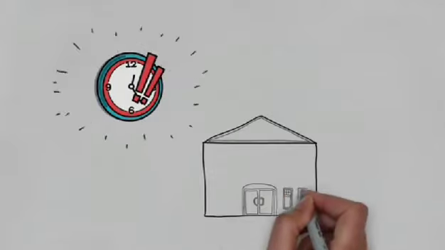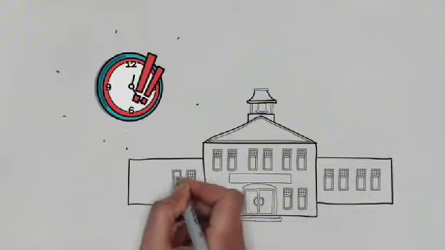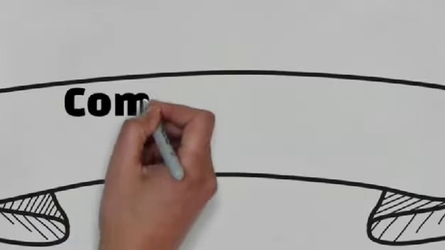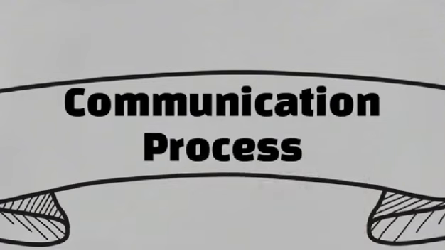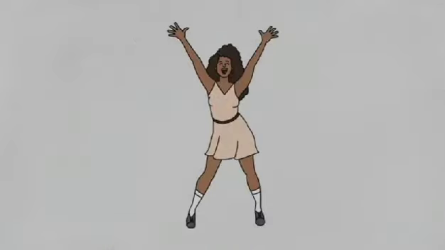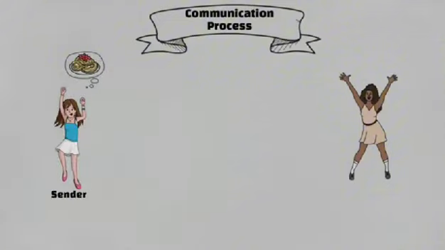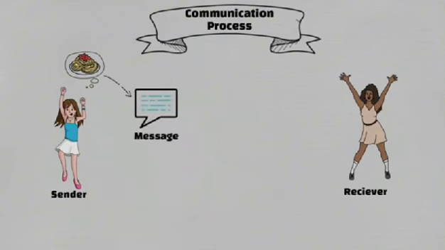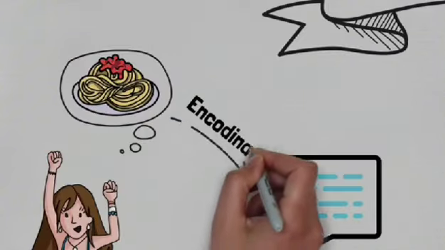Lunch break. Something we all miss when classes are done at school and not online. Let's meet Jane, our sender. She just got off from her classes and is about to teach us the communication process. Yes, we may not all be aware of it, but it is something that we do every day. So let's follow along and see what Jane is about to teach us. She has decided on the idea of asking her friend, Amanda, for lunch, who is our receiver. So she developed the idea into a text message through the process called encoding.